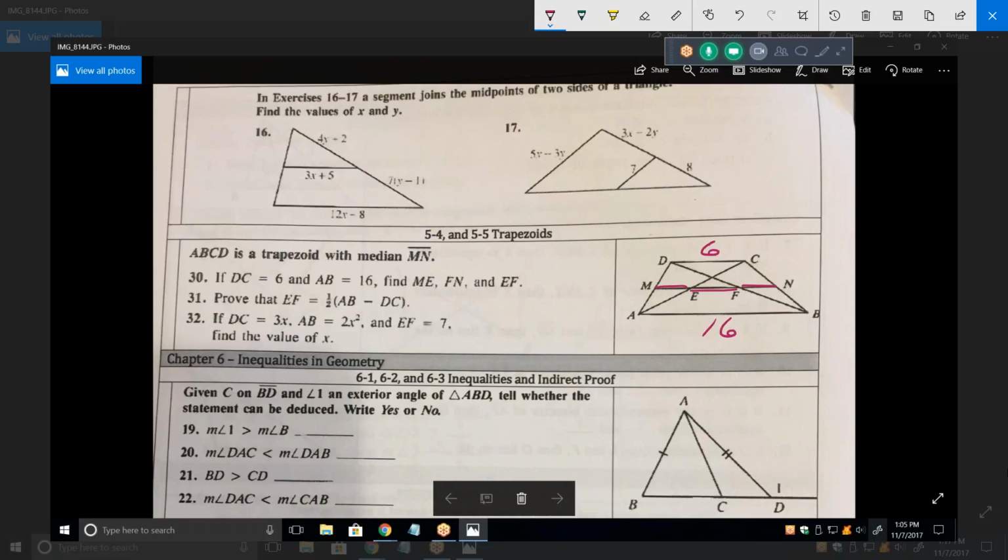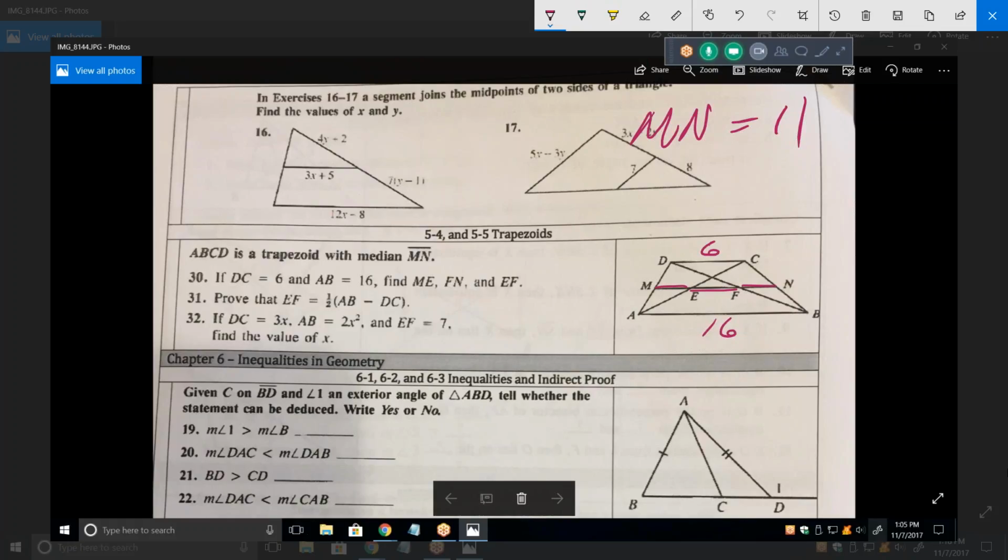Okay, so 6 plus 16 equals 22, so the median MN is 11. And then ME is 3, FN is 3, and EF is 5.